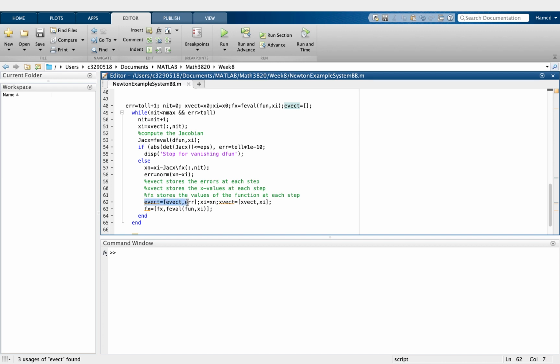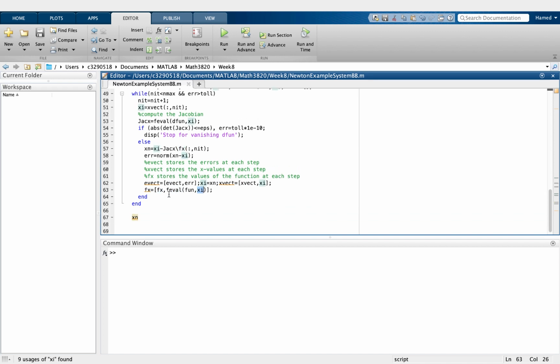We renew xi by the calculated new xn, and x vect is equal to x vect and xi. After updating xi, we calculate the value of fx at the new point xi. Once the loop is repeated, we will use the new fx in the calculation of xn.